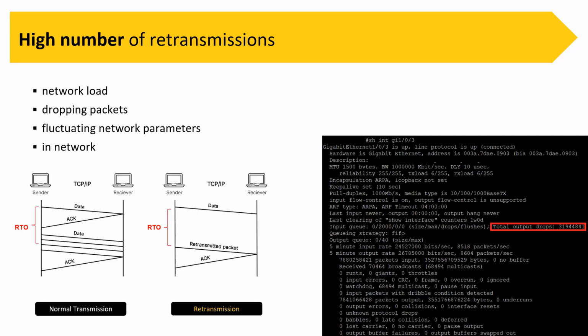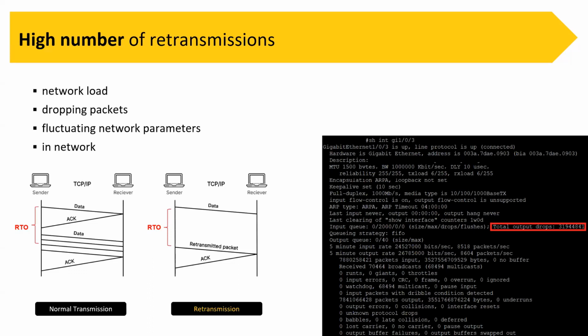Just in case the fiber cables are broken, so you need to go via satellite, then the round trip time will be much longer. And in the meantime, the sender needs to know how long to wait. So for that reason, they use the round trip time for the retransmission timeout.